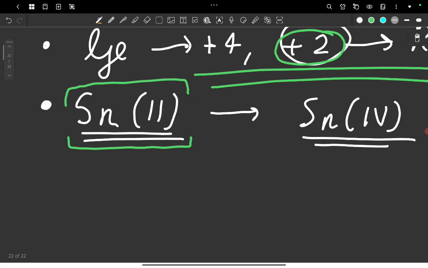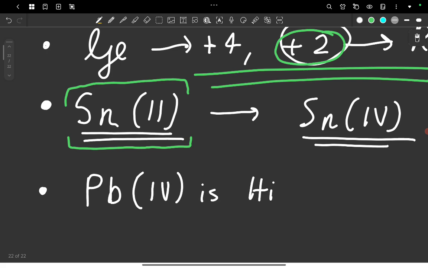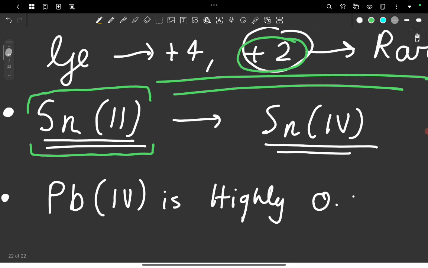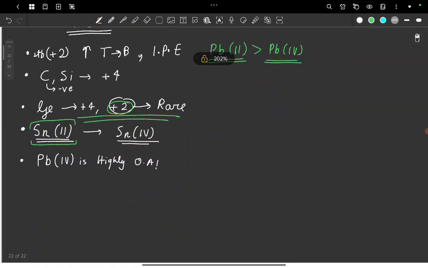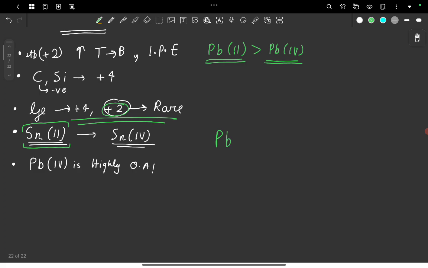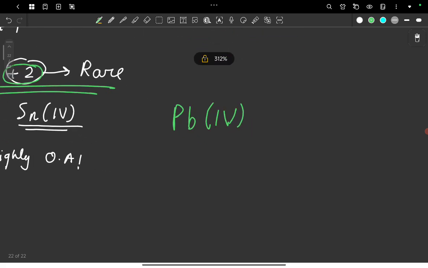And finally, when we talk about lead, lead in the fourth oxidation state is highly oxidizing. What does this imply? If it is a very good oxidizing agent in the fourth oxidation state, that means it wants to gain electrons and get reduced itself.